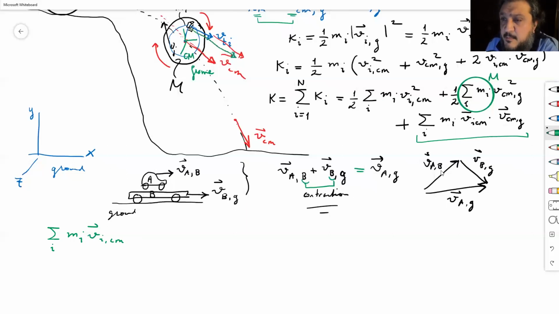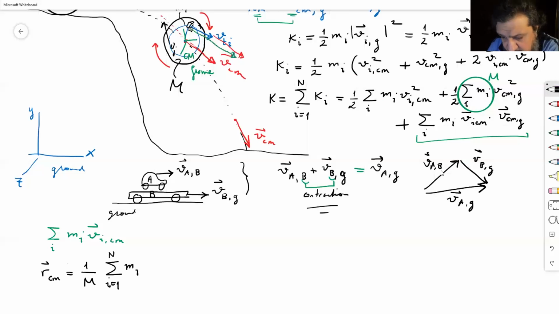Now, let's recall the definition of center of mass. The center of mass coordinates can be found by considering the sum.